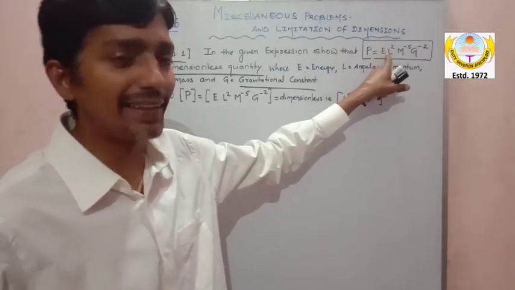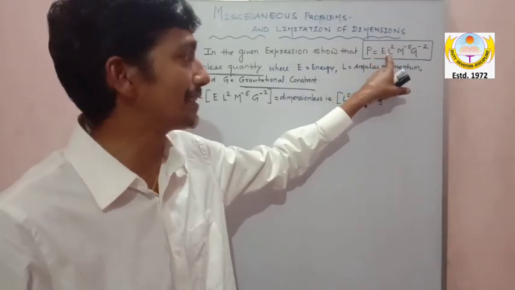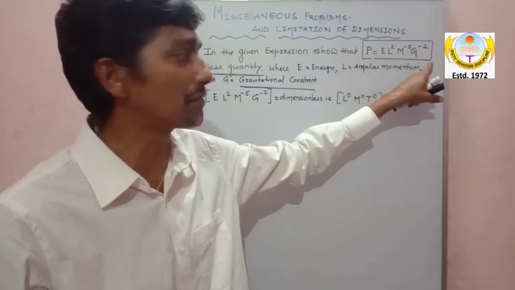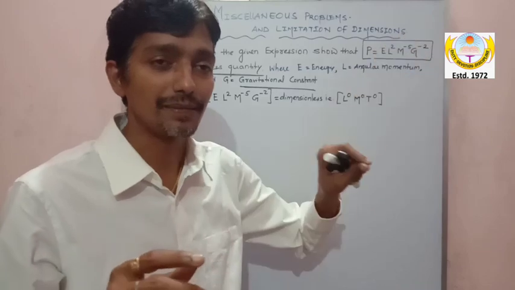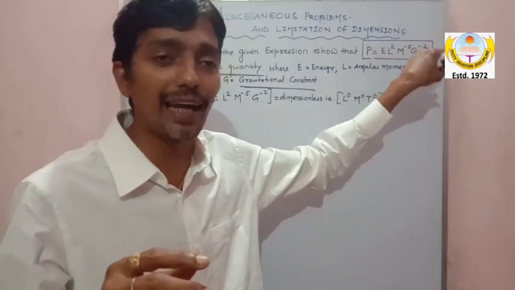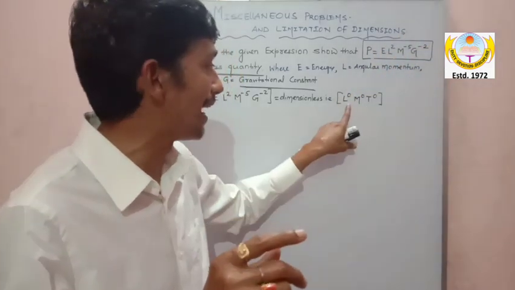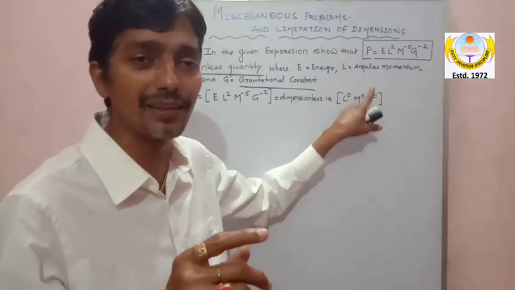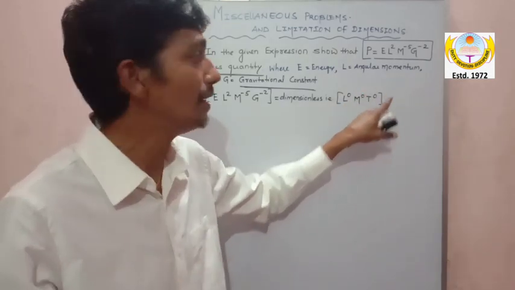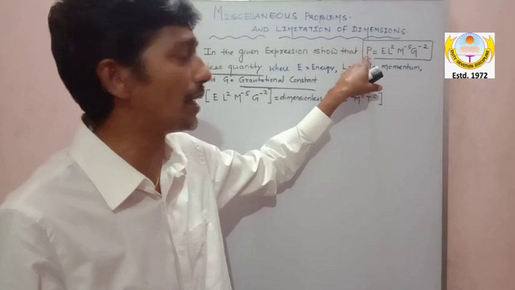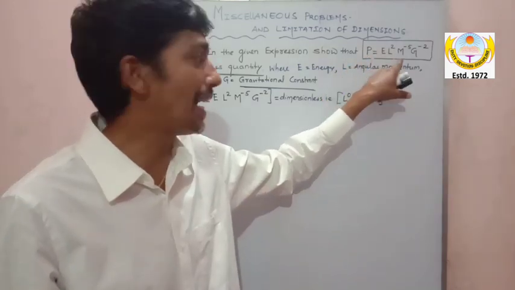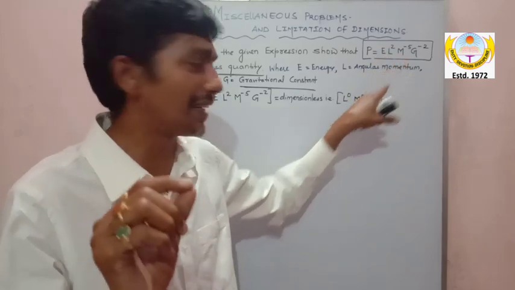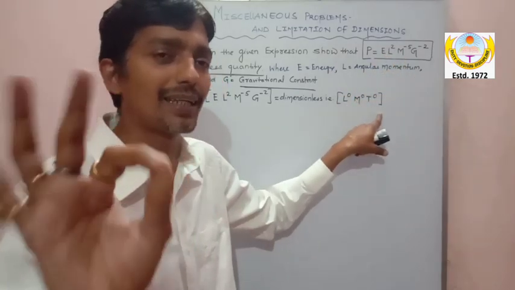When the right-hand side, E, L square, m power minus 5, g power minus 2, has no dimension, that is, when after calculation the dimensions of L, m and t come out as 0, then I will say this quantity is dimensionless. Simple. Because every dimension involves length, mass and time.